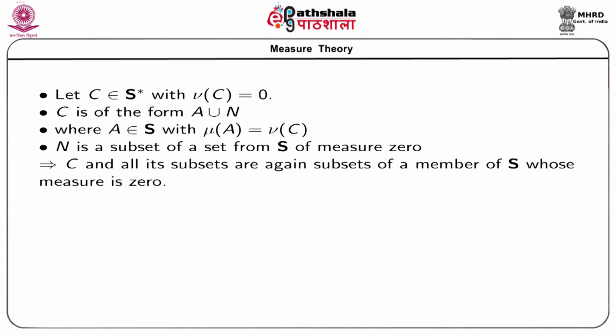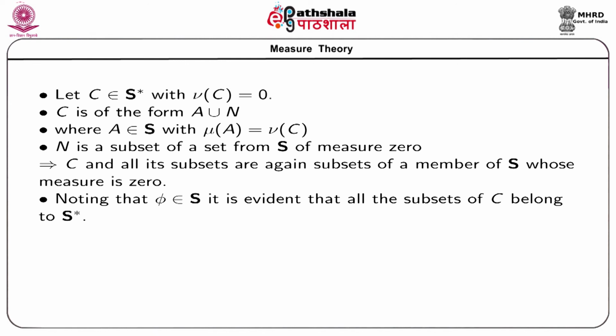So, it readily follows that C and all its subsets are again subsets of a member of S whose measure is 0. And noting that phi belongs to S, it is evident that all the subsets of C belong to S star.